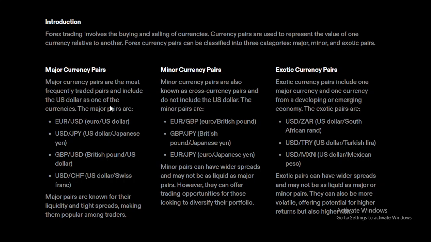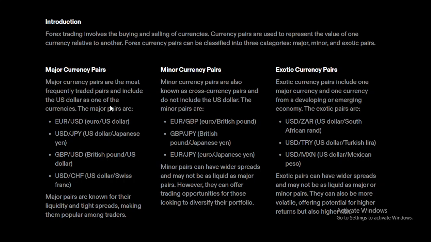All right, so in the previous class we talked about what is Forex, types of currency pairs, and all of that. So today in this course we are going to go deeper into types of currency pairs. Forex trading involves the buying and selling of currencies, right?